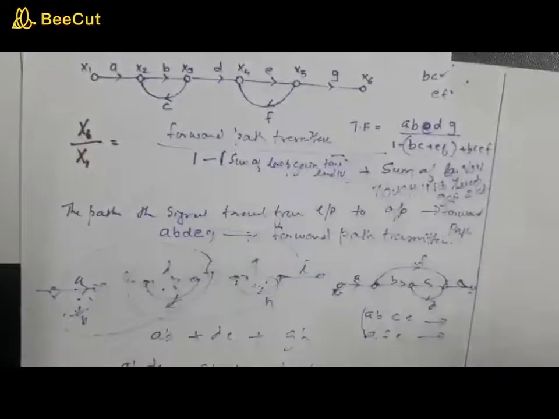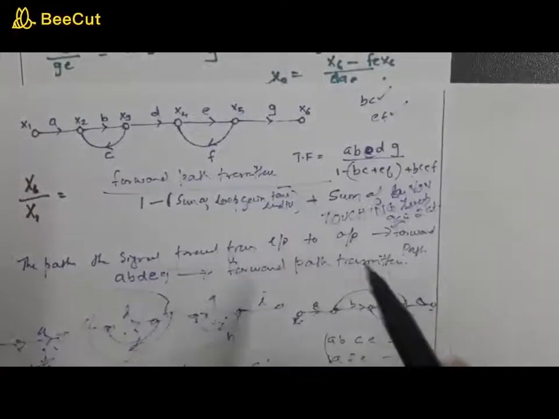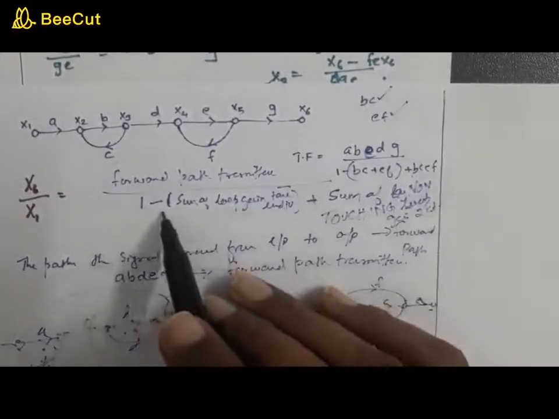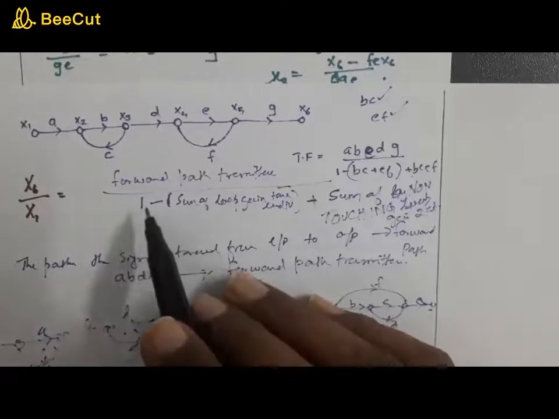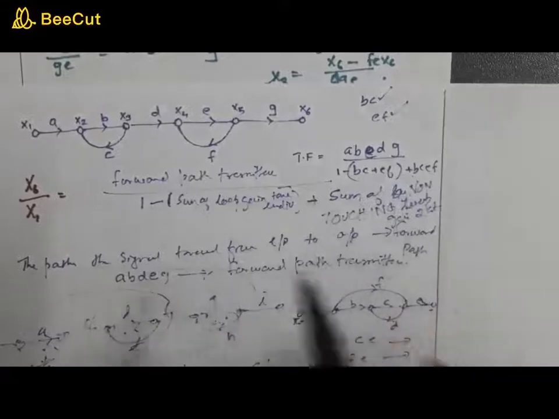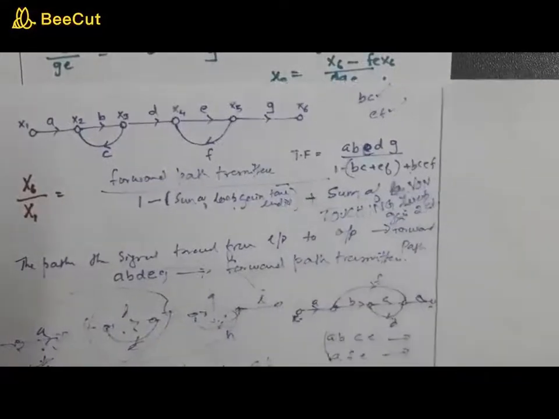So what must be the next term? If you have more than 4 or 5 or 6 loops, you can continue. This is similar to the evaluation of a determinant: 1 minus something plus something minus something. So minus the sum of non-touching loops taken 3 at a time, and it goes on like that.